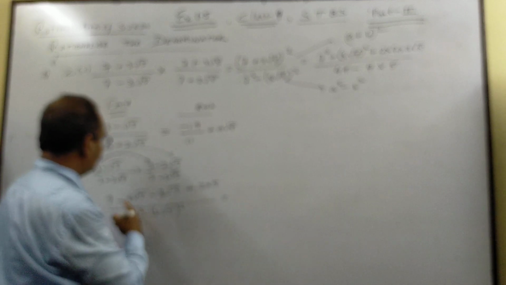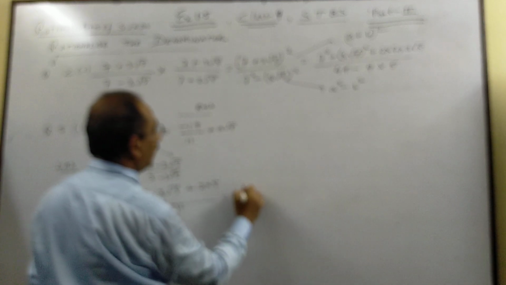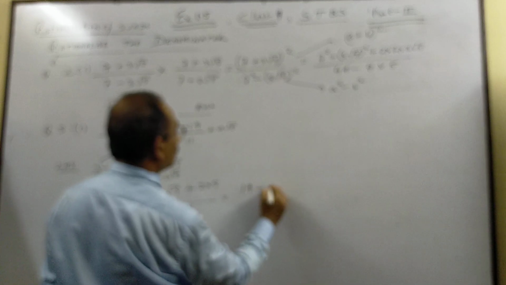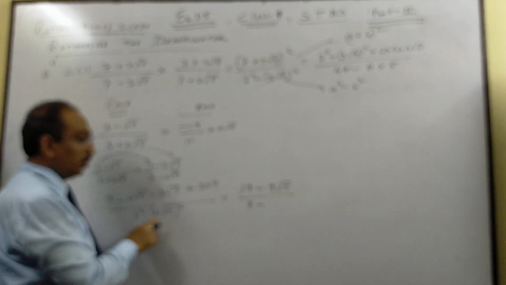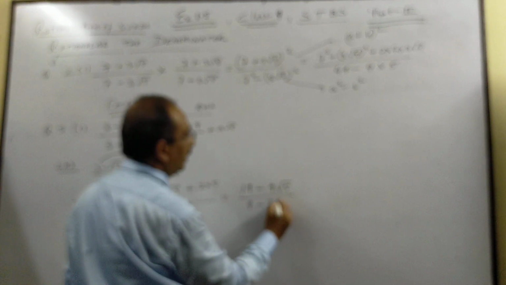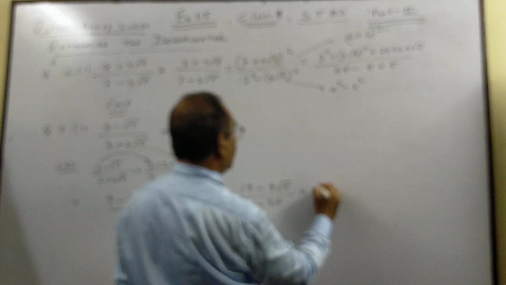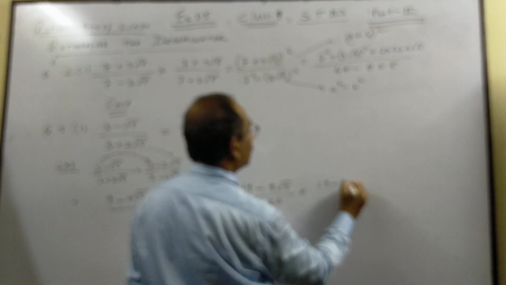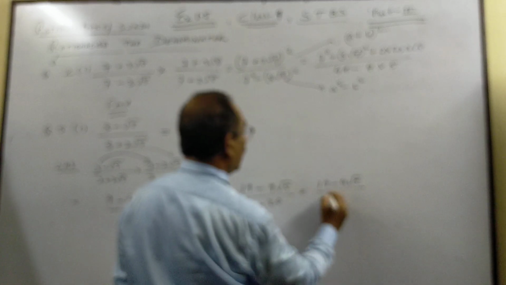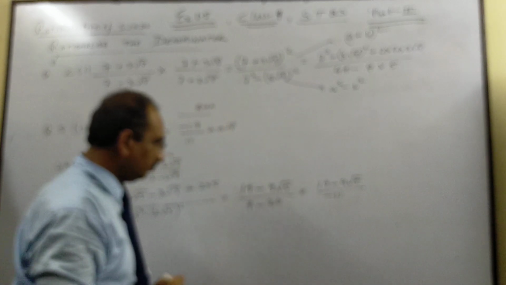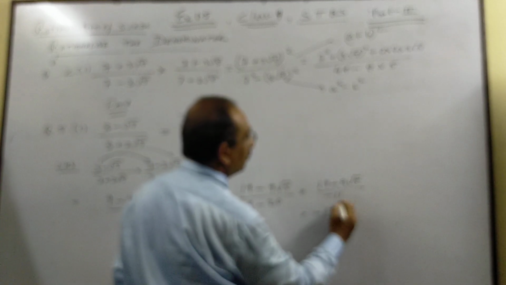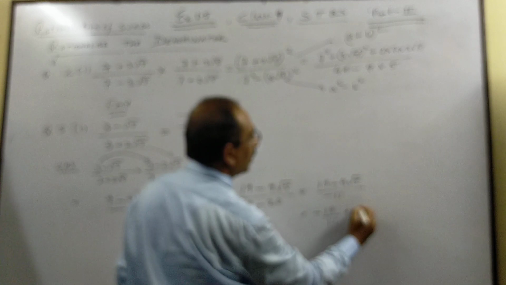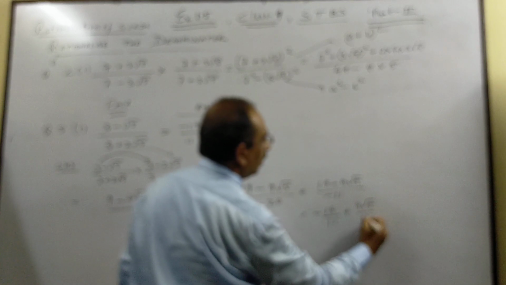So what do we get? 9 plus 10, 19, minus 9 root 5, by 9 minus, as I told you, 4 into 5, 20. So here we get 19 minus 9 root 5 by minus 11. So this gives you minus 19 by 11. Minus minus when you open it becomes plus 9 root 5 by 11.